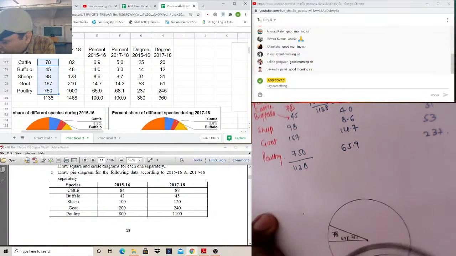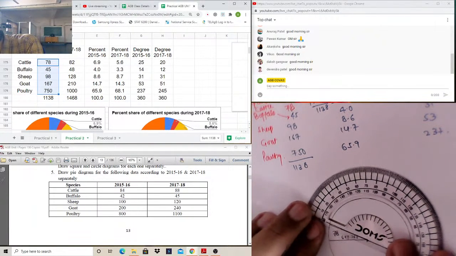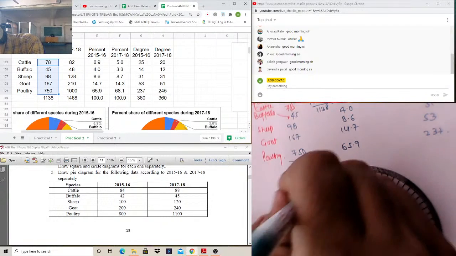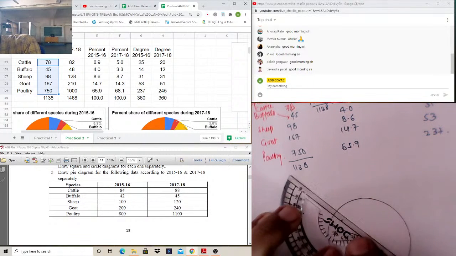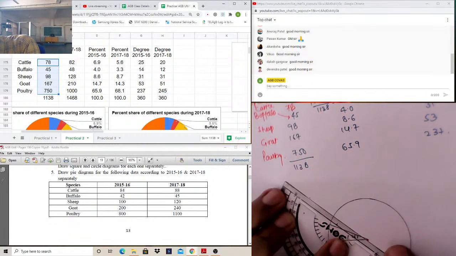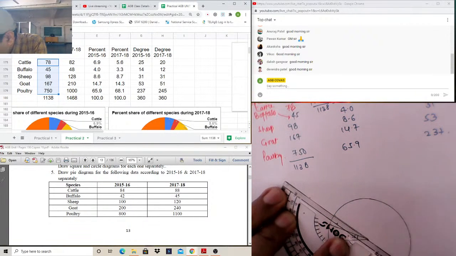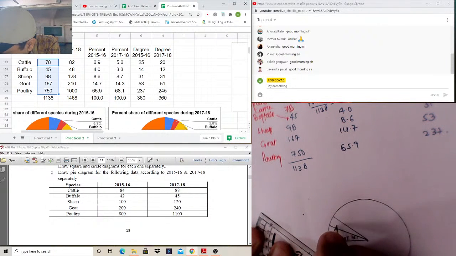From here you have to calculate the 14 degrees. So you put your protractor like this, mark the 14 degrees, and connect this line with the center of the circle. So it will be 14, and this will be your buffalo, which is equivalent to 4%.